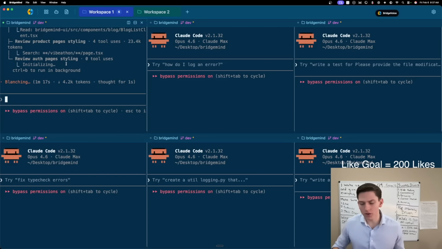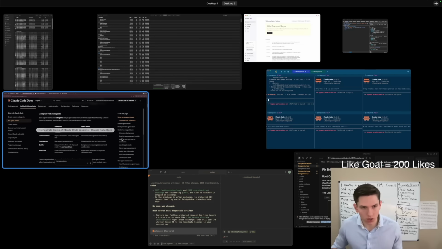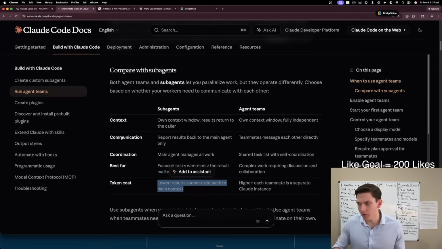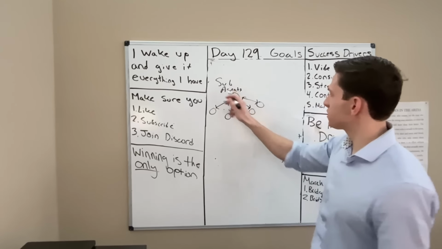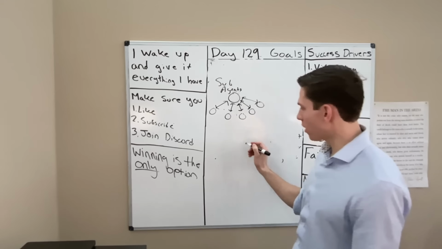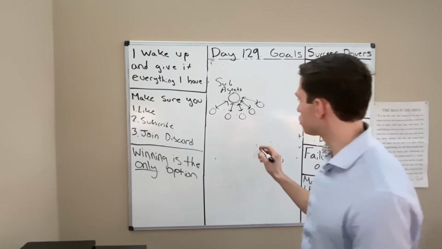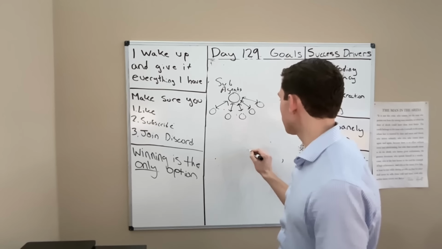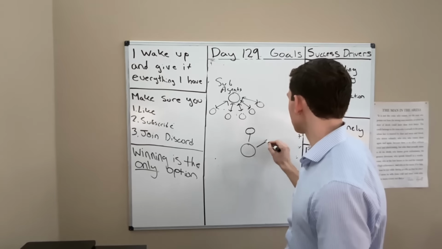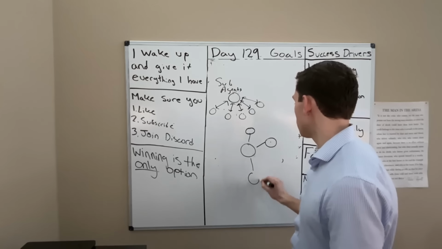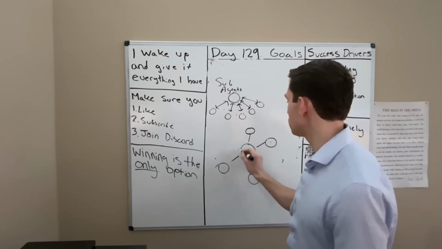But now this new agent teams feature is actually a very big deal. I'm going to talk a little bit more about some of the nuances of it, but how agent teams work is, instead of the subagent approach, you basically have something that looks like this, okay? Let's say you have your main agent here, and you now have 5 agents, right?